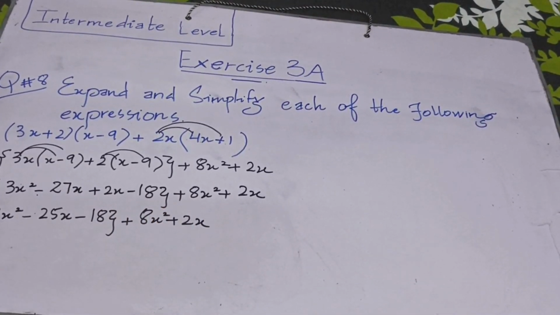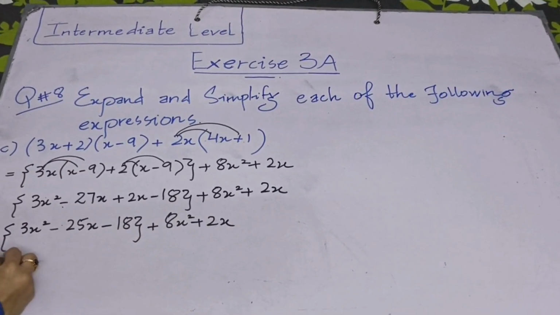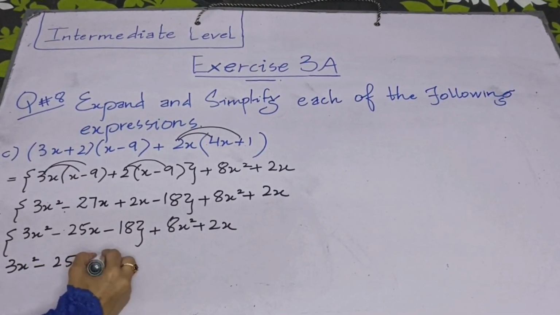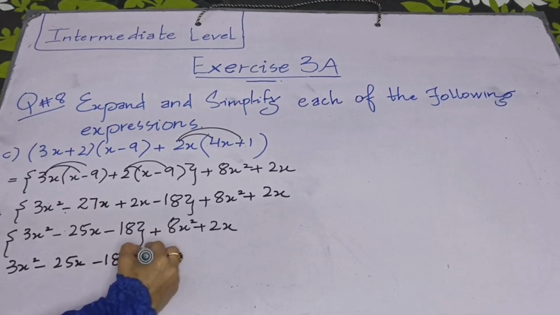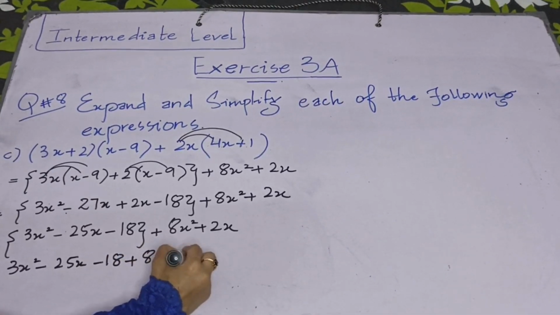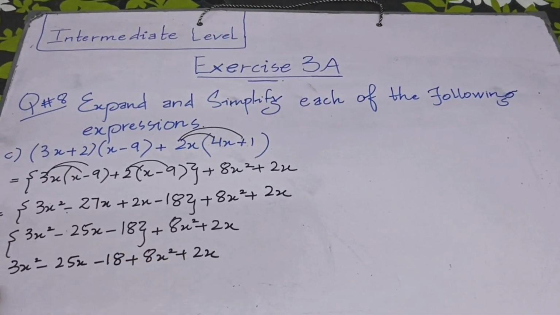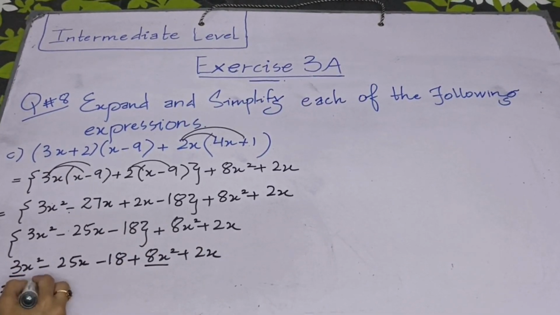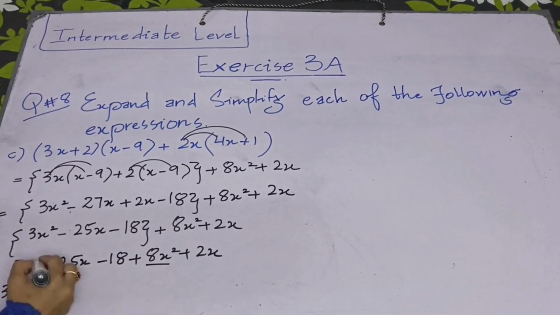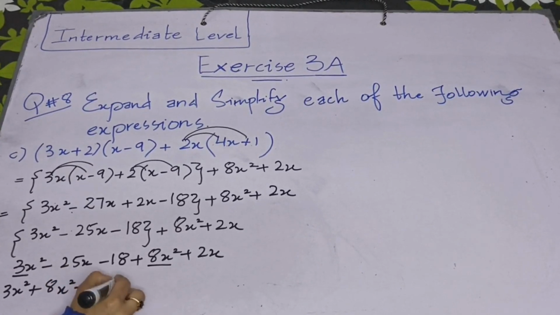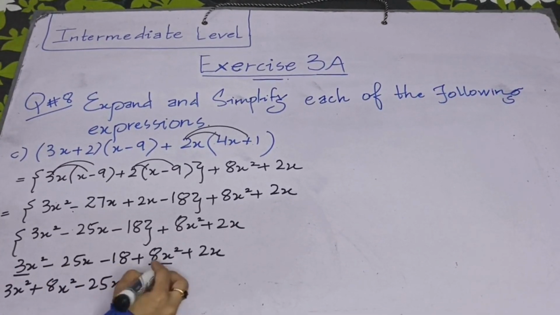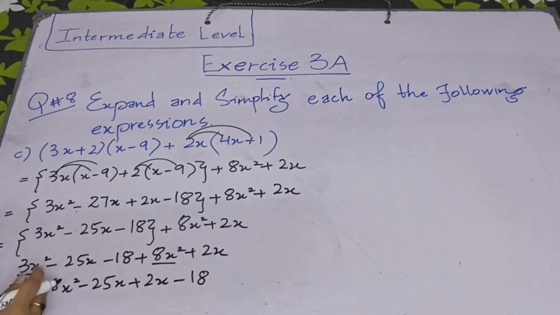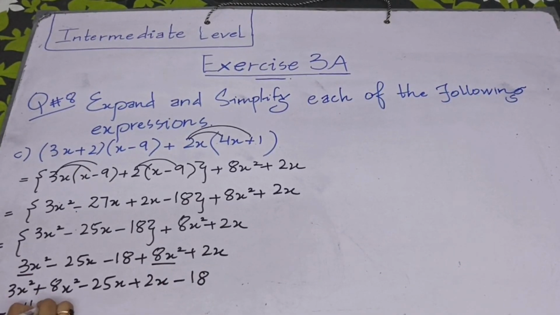Now we are going to open the bracket and simplify it. 3x squared minus 25x minus 18 plus 8x squared plus 2x. x squared terms together, this and this, along with the sign, minus 25x plus 2x, minus 18. 8 plus 3 is 11x squared.